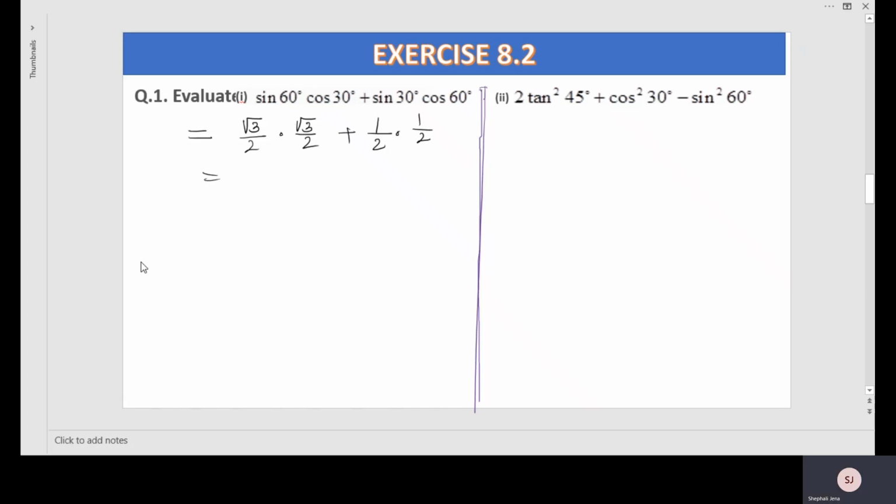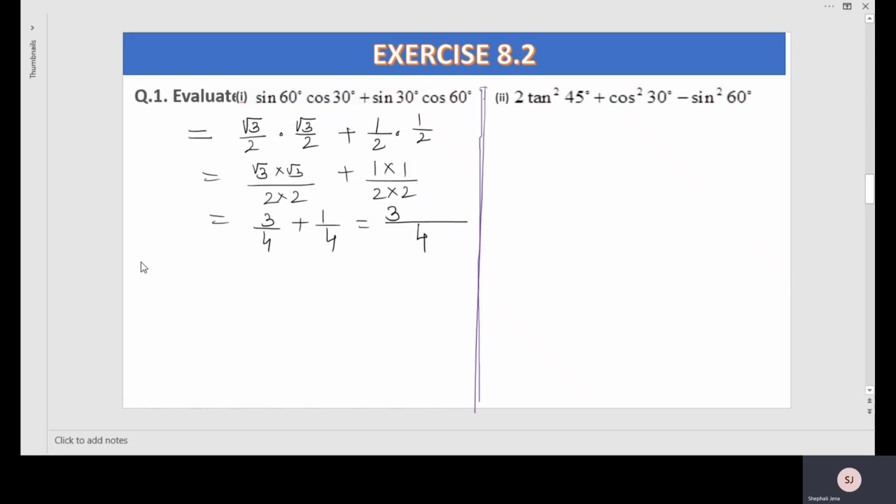So how much? Root 3 into root 3, you should multiply numerator into numerator divided by denominator into denominator plus numerator into numerator divided by denominator into denominator. So 3 divided by 4 plus 1 divided by 4. Now the fractional addition, both denominators are equal, so no need to multiply anything with the numerator.